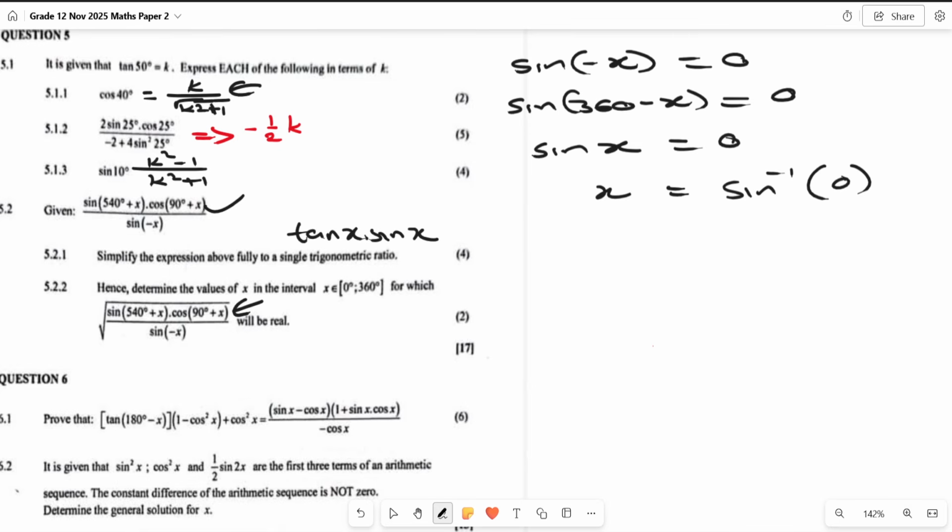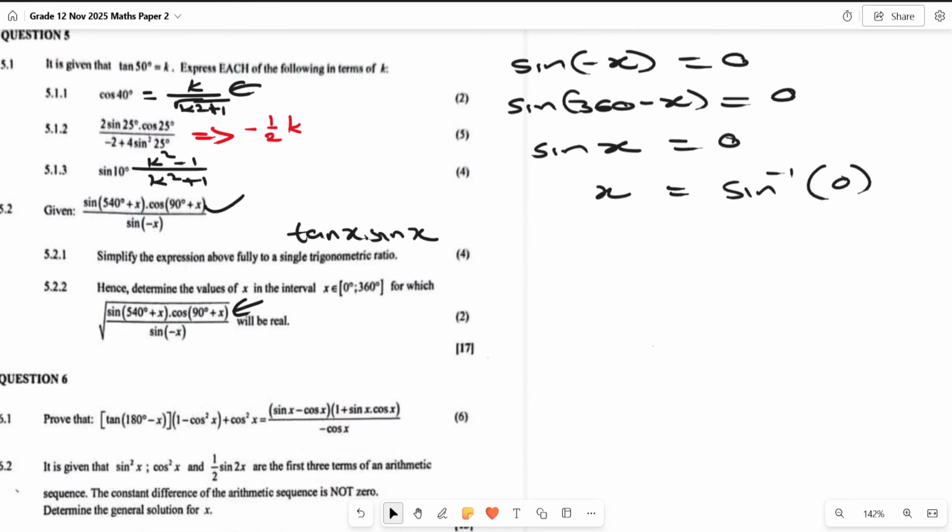Okay, x is going to be equal to 0. Let's just substitute 0 and see what happens to the entire equation. That is kind of weird, but sine of 540 degrees plus 0 times, don't even write sine, just take the tan since it's the same as that. So you're going to say tan 0 degrees.